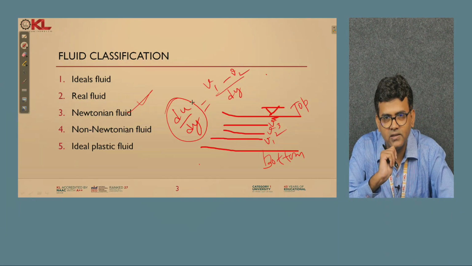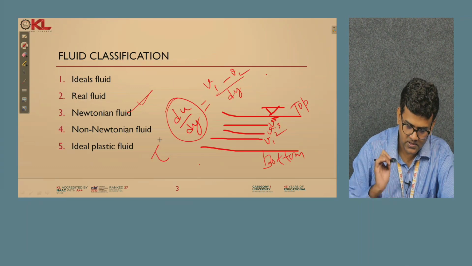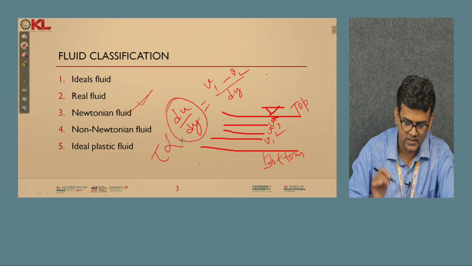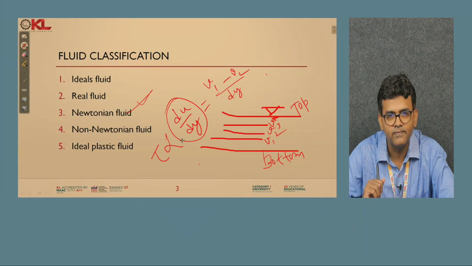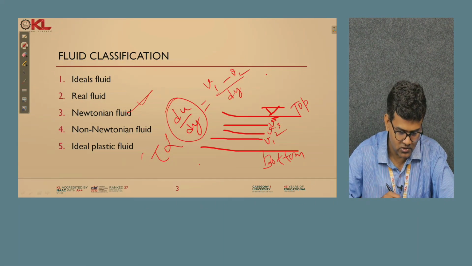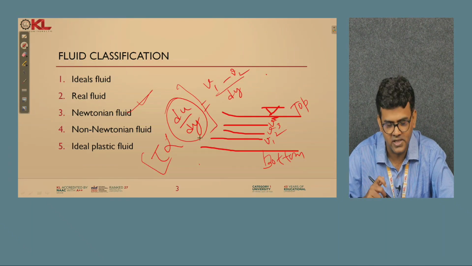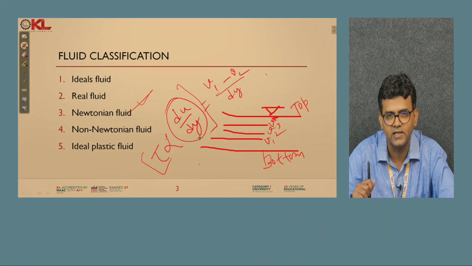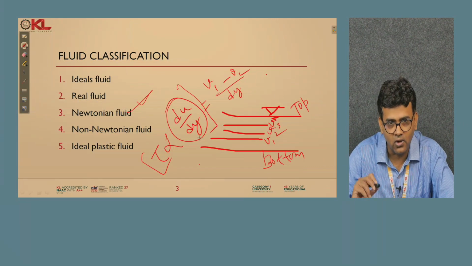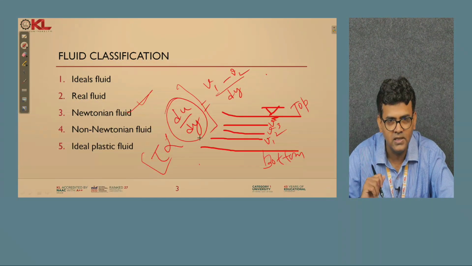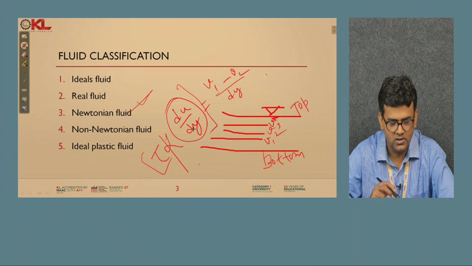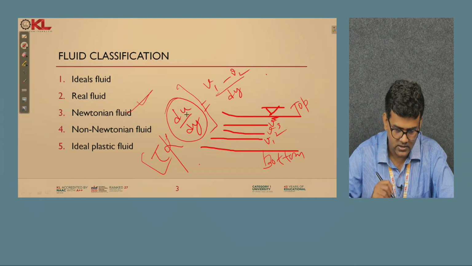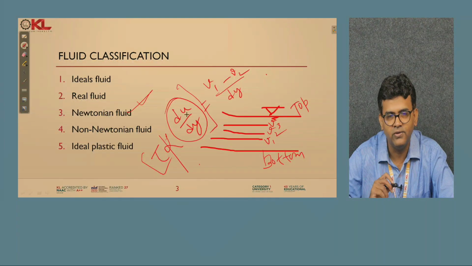Shear stress is created. If the shear stress is proportional to this velocity gradient, and the fluid follows this law, then it is called the Newtonian fluid. This is also called the Newton's law of viscosity. If the fluid does not follow the Newton's law of viscosity, that is, the shear stress is not proportional to the velocity gradient, then the fluid comes under the category of non-Newtonian fluid.